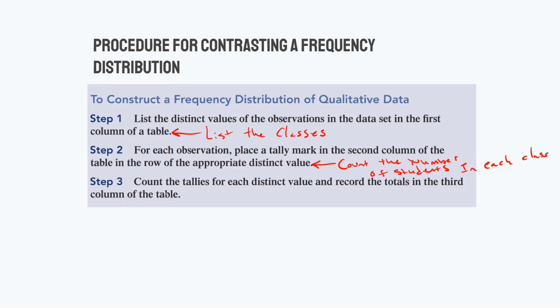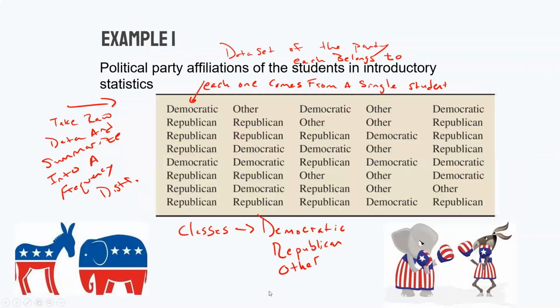And this is just changing that tally mark to an actual number. So really, it's super easy. Basically, this is a hard way of saying, just count how many Democrats there are, count how many Republicans there are, and count how many others there are.